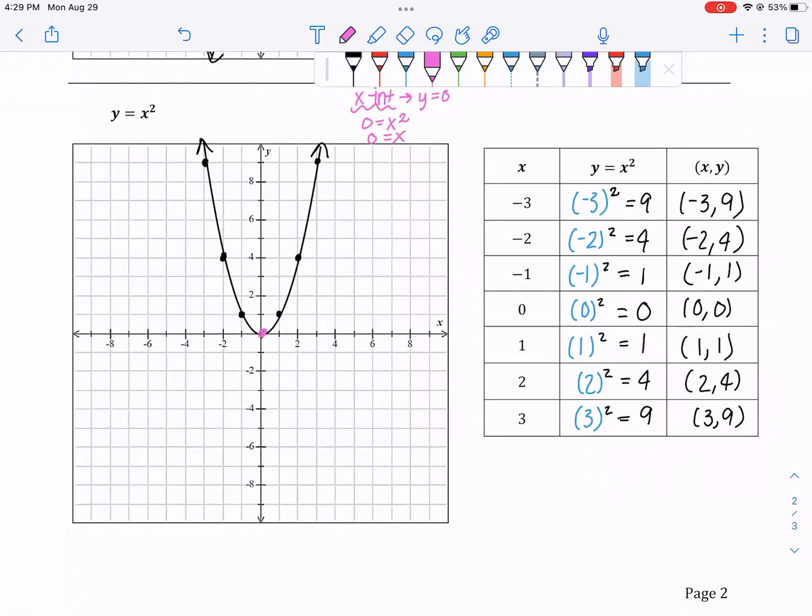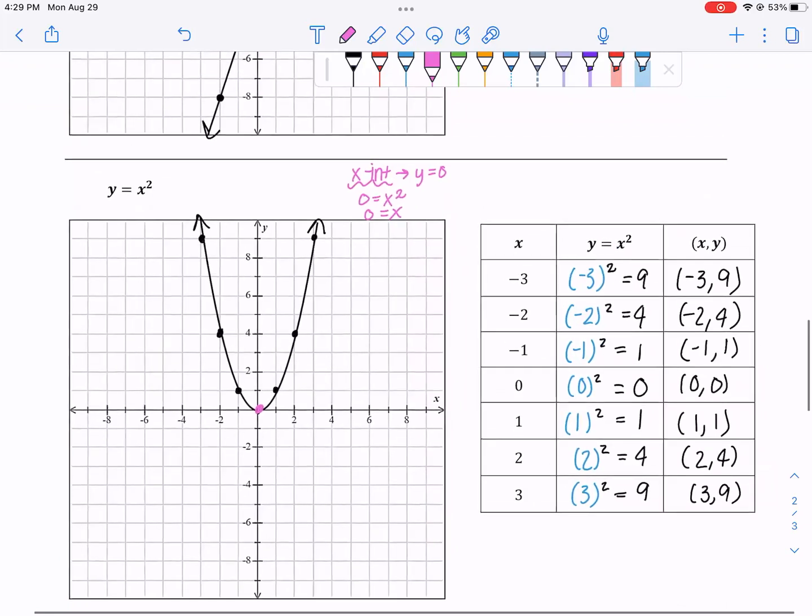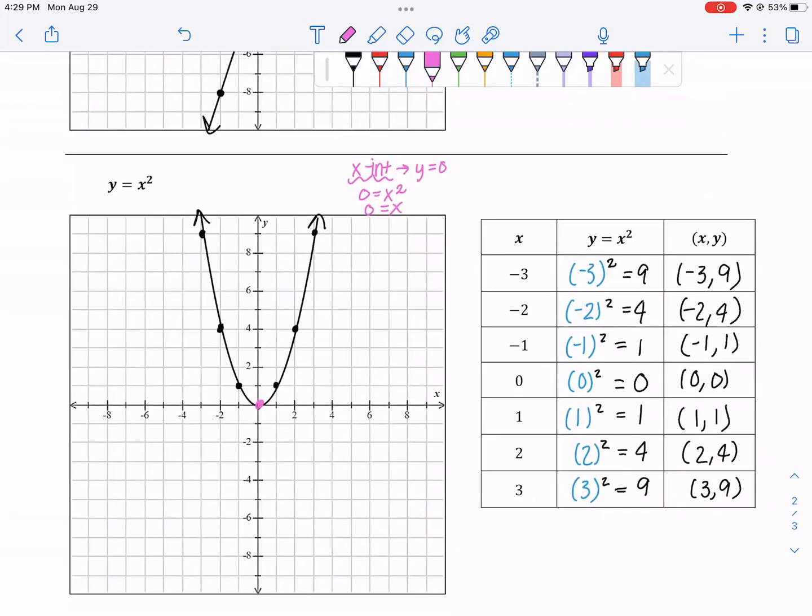Looking at this picture, it appears that the x-intercept and the y-intercept are both going to be at 0, 0. For the y-intercept, letting x equal 0, we have y equals 0 squared, y equals 0. The x and y-intercepts are the same in this case.